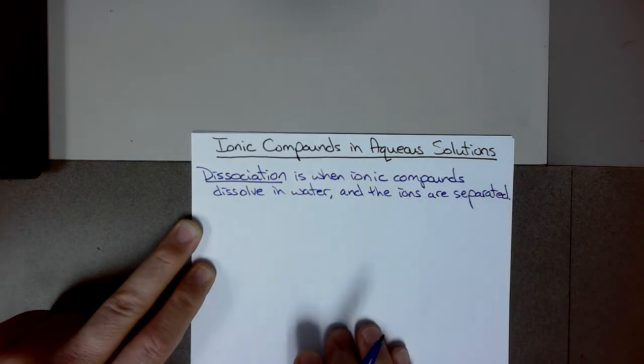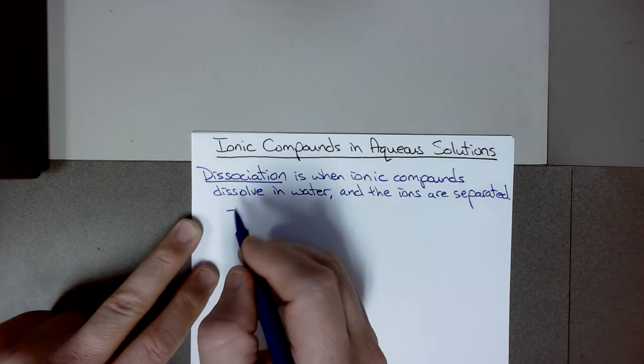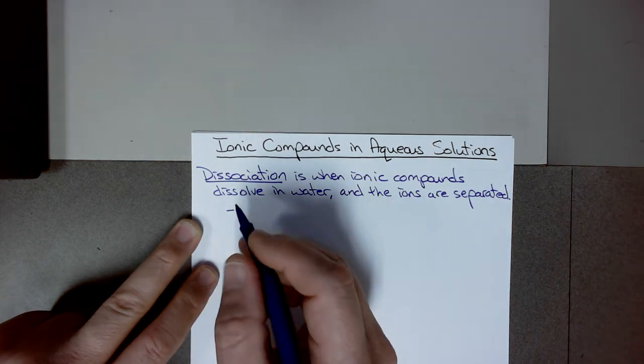Okay, so when we see an ionic compound that is represented as aqueous, we need to think that it is dissociated.